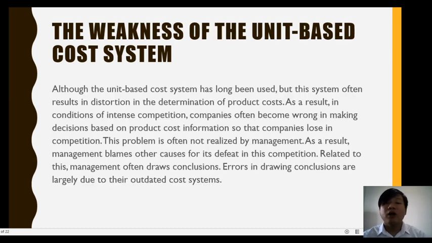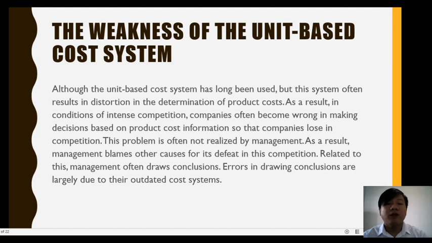The weakness of the unit-based cost system. Although the unit-based cost system has long been used, this system often results in distortion in the determination of product cost. As a result, in conditions of intense competition, companies often make wrong decisions based on product cost information, so that companies lose in competition.